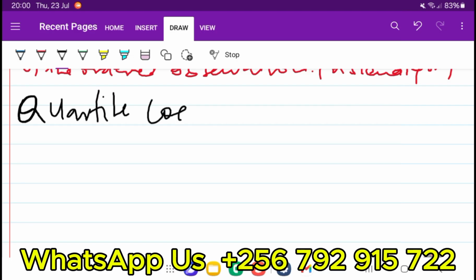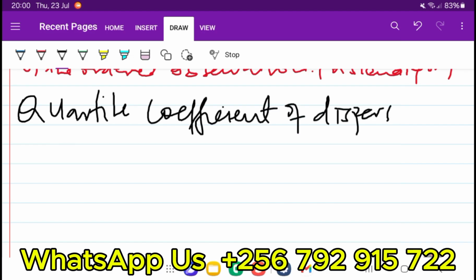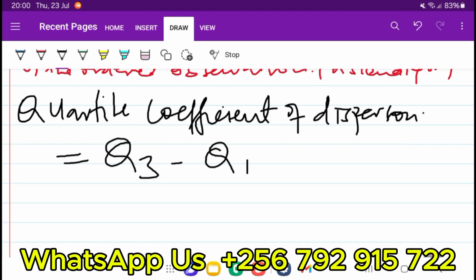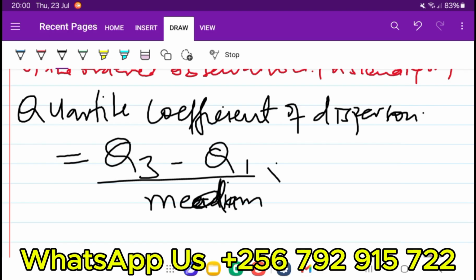Now the quartile coefficient of dispersion is equal to Q3 minus Q1 over the median times 100. It's a percentage.